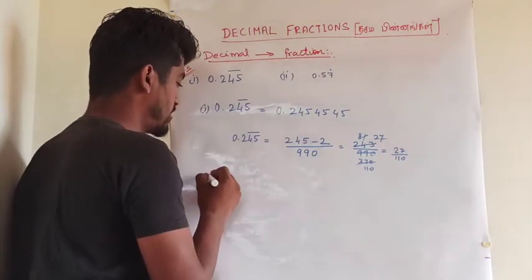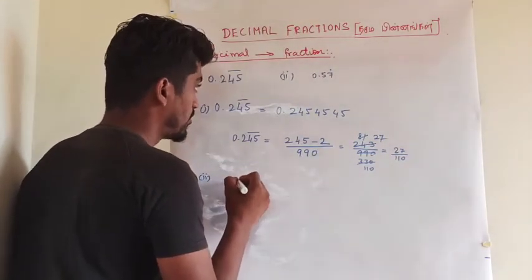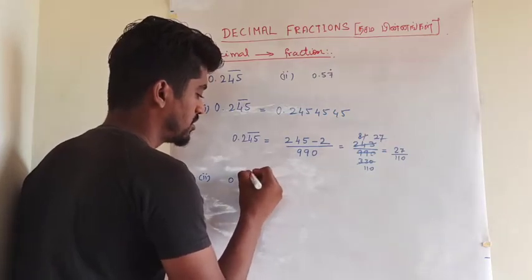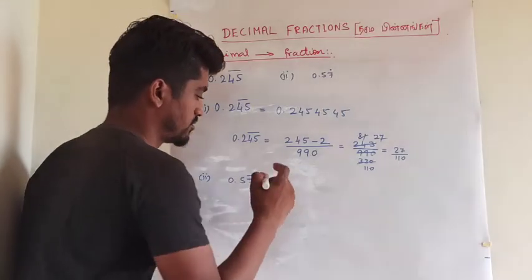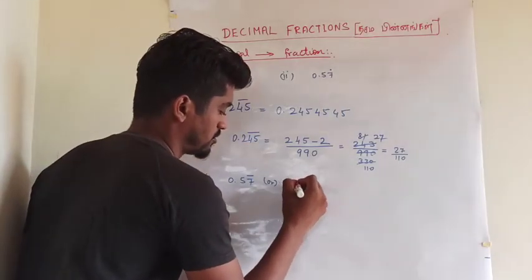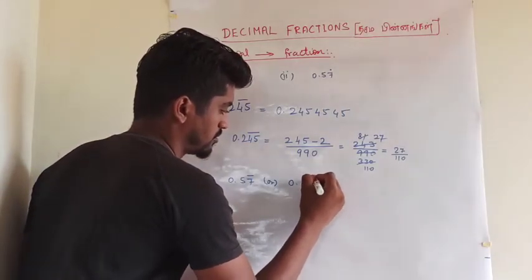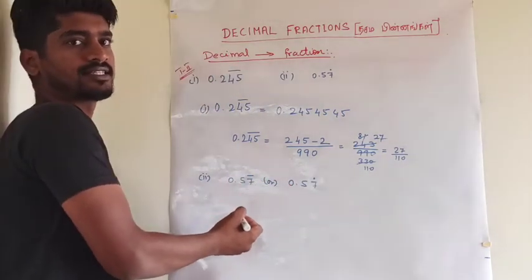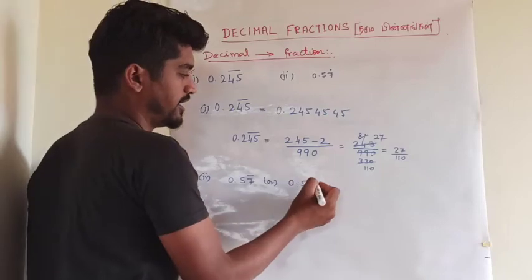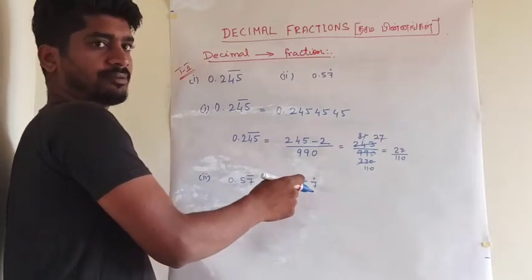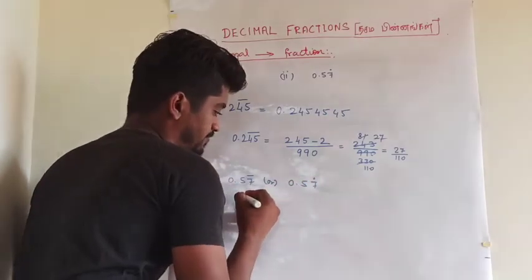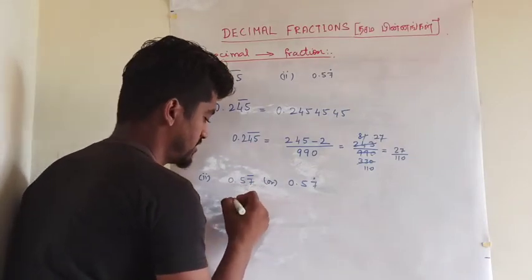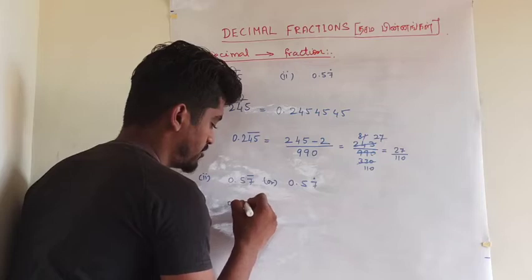And the second example is 0.57 dot or bar. The dot and bar represent the same thing: the number is to be repeated. So we have to convert this decimal into a fraction. 0.57 bar.